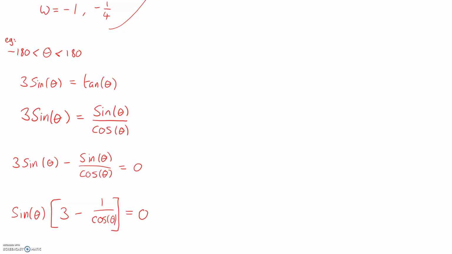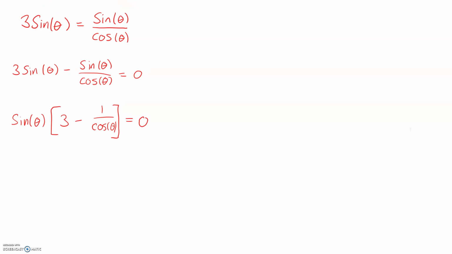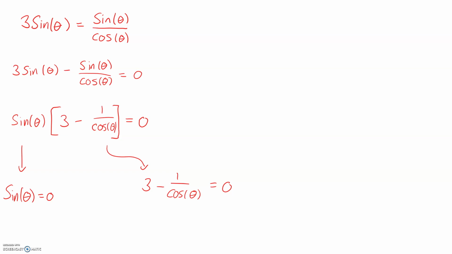We don't even have to replace the cos for a sine or the sine for a cos, because we now know that either sine theta is equal to 0, which would be the result if the outside element was causing the 0 from the product, or 3 minus 1 over cos theta is equal to 0. And so we have still managed to separate into two separate equations, so they have an individual trigonometric amount in each equation.